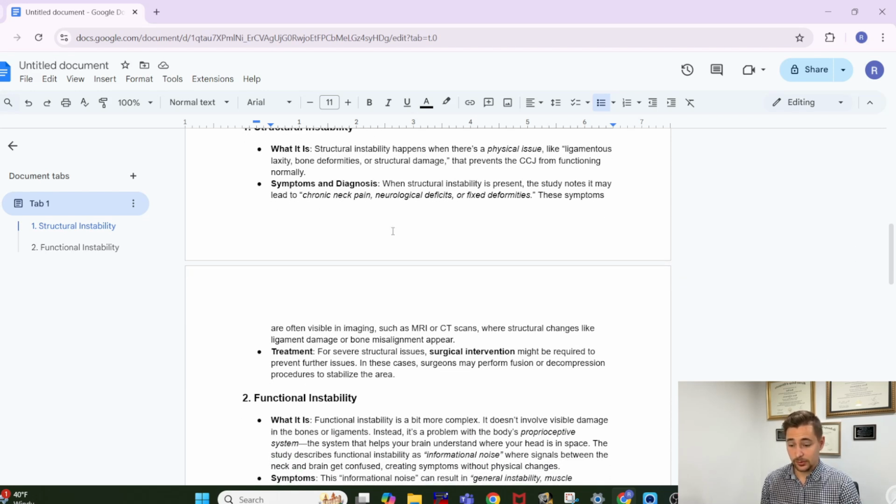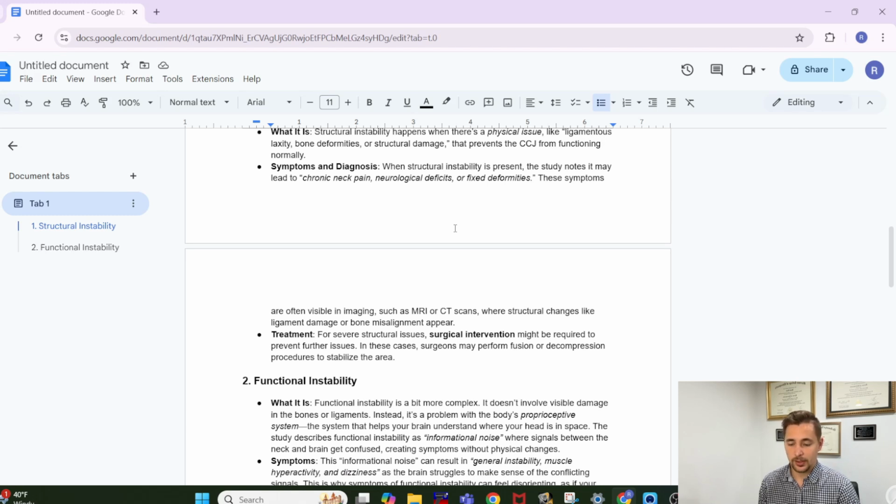Some symptoms that you can have whenever you have structural instability are quite complex, but you can have chronic neck pain, neurological deficits, and fixed deformities, which are some of the ones that the study recognizes, but there are so many more. There are headaches, migraines, different things that you can have if you have structural instability of the CCJ.